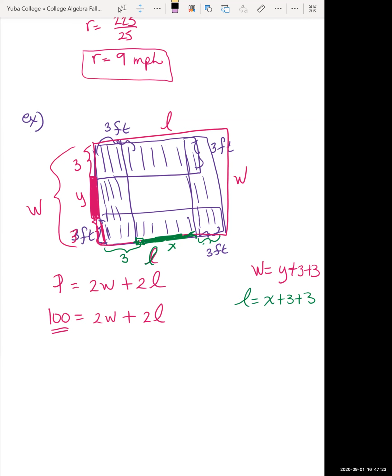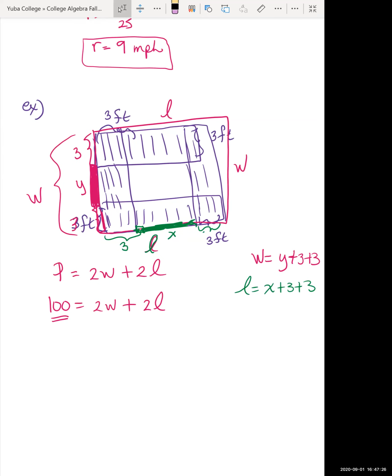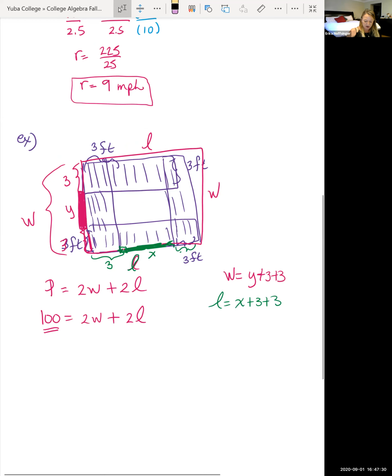Professor, if you write it as x plus 6, would that be the same thing? Yes, so I would simplify that. So W is the same thing as y plus 6, and our length is the same thing as x plus 6.